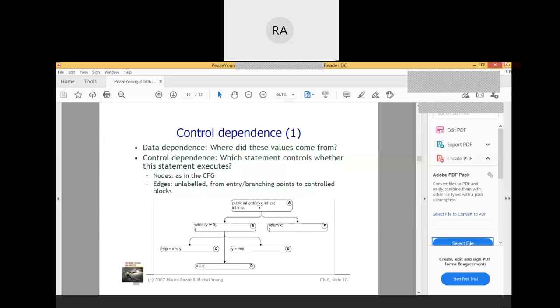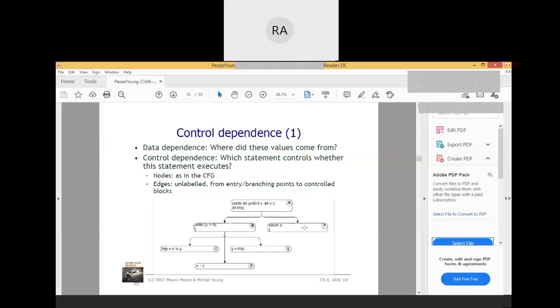As you can see over here, this is what I call a control dependency graph, CDG. You have the control flow graph, the data dependency graph, and the control dependency graph. How are you representing the edges? Edges are unlabeled over here and they are solid lines, unlike the previous one.